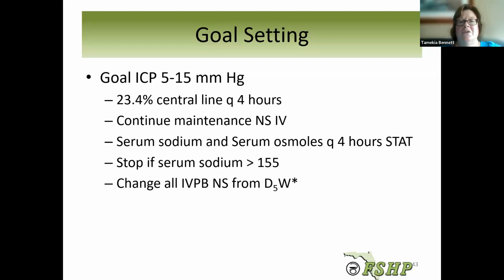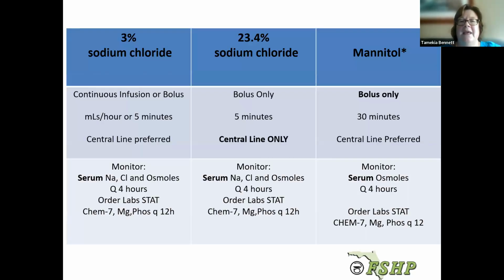We are going to use 23.4% sodium chloride via a central line because that's the only safe way to do it. We're going to do it every 4 hours. We are going to optimize normal saline, and we are going to change everything out of D5W and into normal saline. And we're going to try to keep our serum sodium at 155 or less. These are our three basic ways of achieving that, but we are going to be focusing on the center. And so our monitoring plan will match that of the center column.